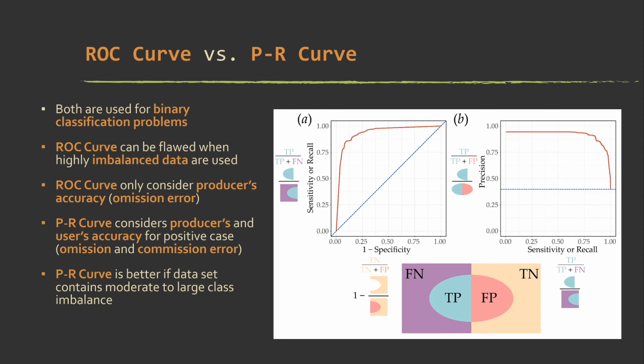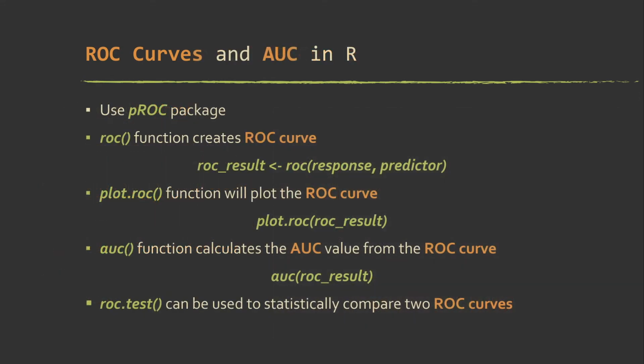So generally speaking, if you're interested in assessing both the producer's and user's accuracy relative to the positive case, it's good to use the PR curve alongside the ROC curve. And the PR curves tend to be less misleading when you have imbalanced training data, whereas the ROC curve can be misleading.